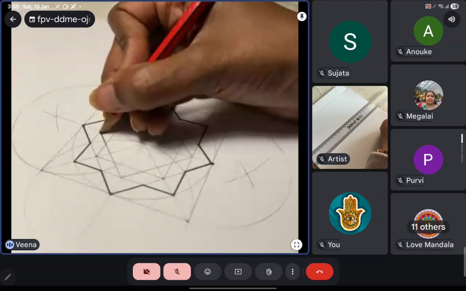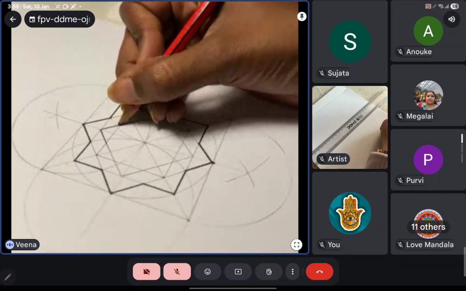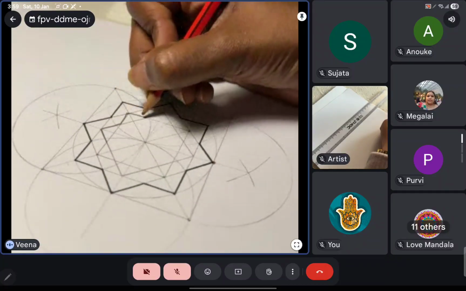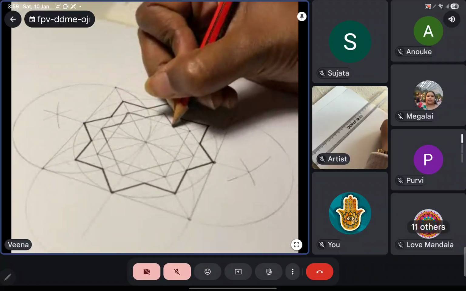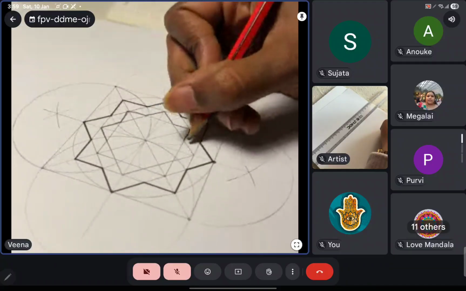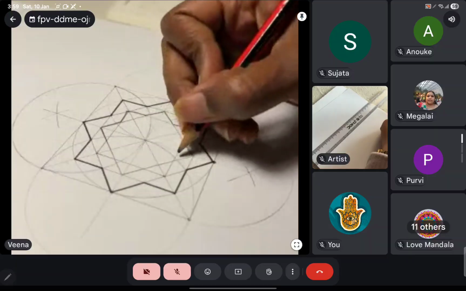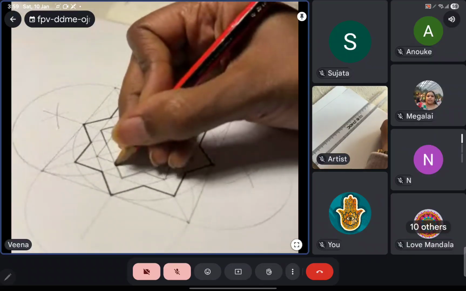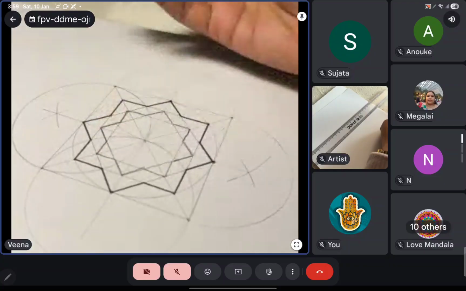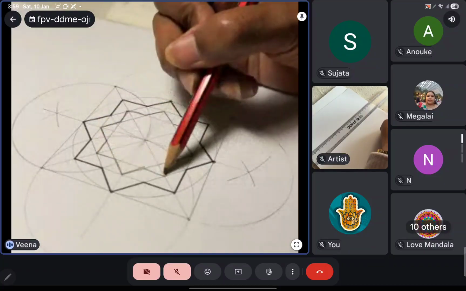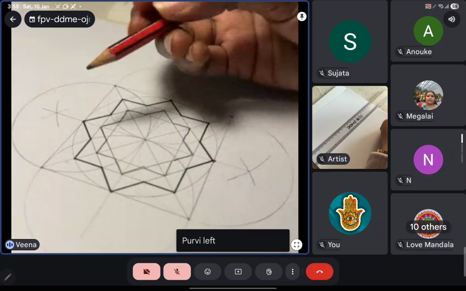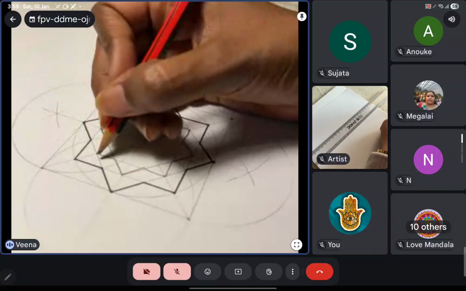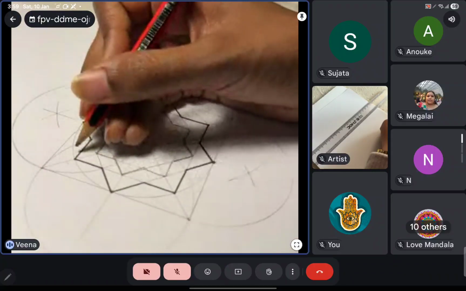Although you have the design here, you don't need the circle. But if we hadn't used the circle at that point of time, it could have been confusing with this set of squares.